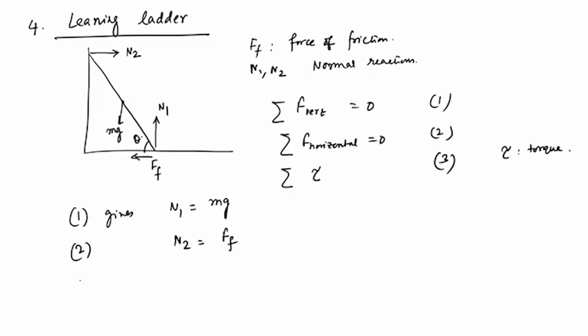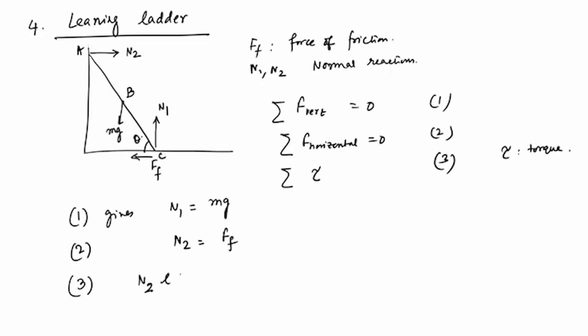Okay. And what does 3 give? That is the moment. We are taking the moment about this point, let us call it C, with A and C being the two extremities.